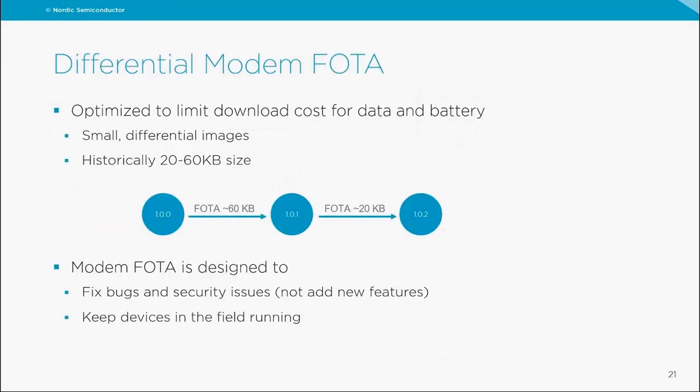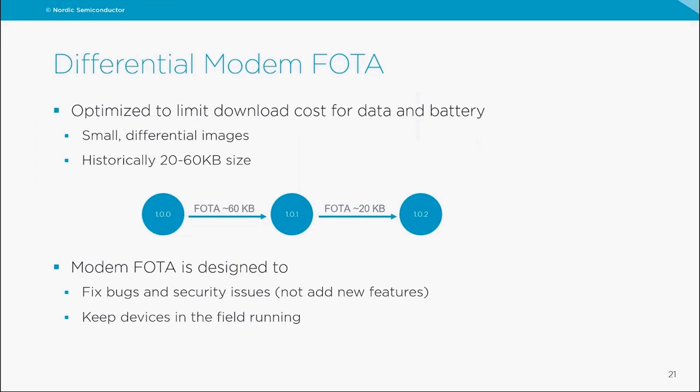Few more words on the differential modem FOTA. So obviously the main motivation here is to reduce the size of the downloads, the cost on the data, and also the battery to do those downloads and the flash writes. So these are small differential images. Historically, so far we've seen them being in the 20 to 60 kilobyte size to go from one release on one branch to another release on the same branch.